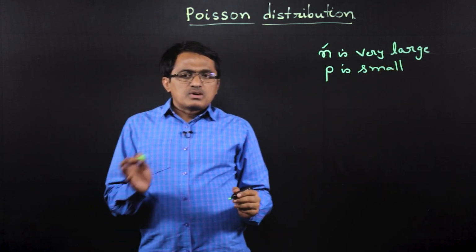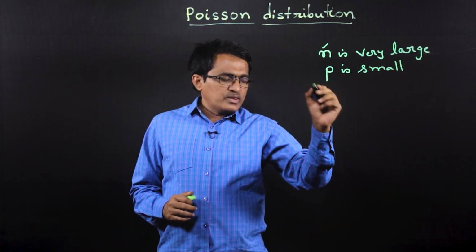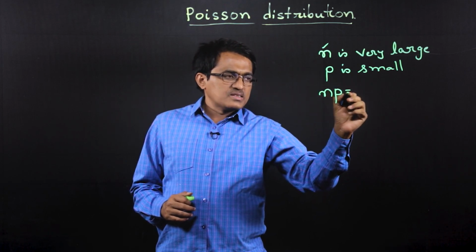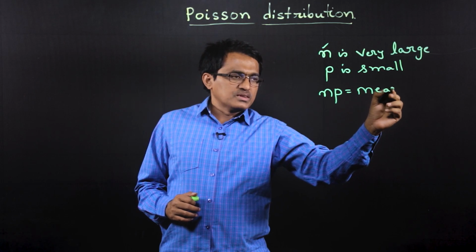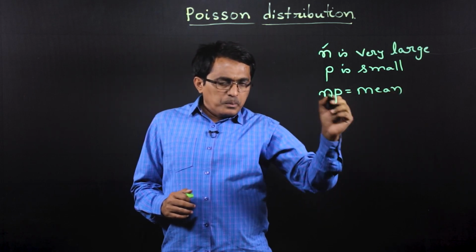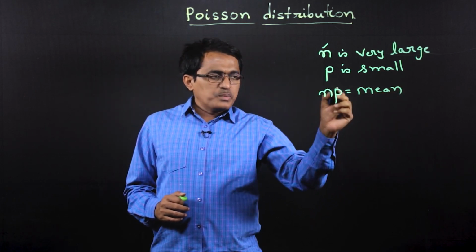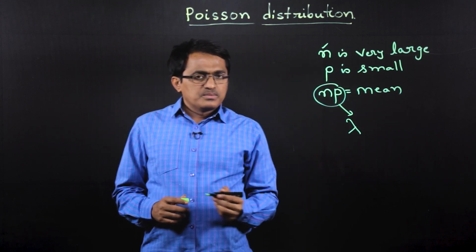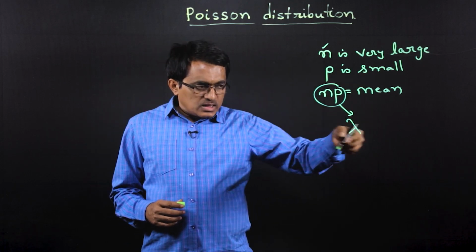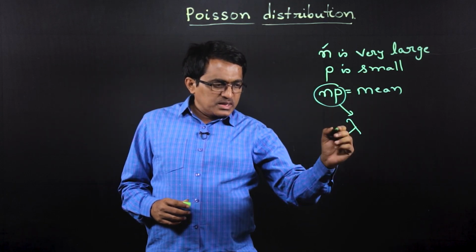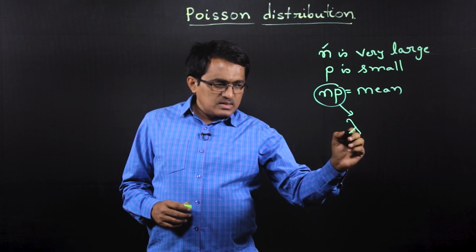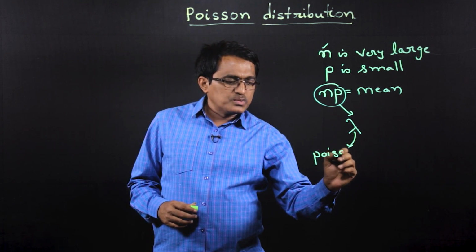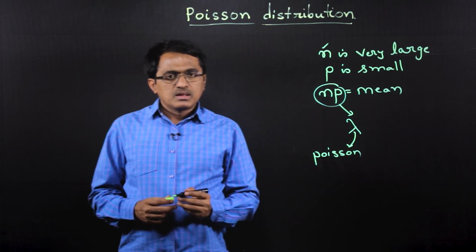In such cases, what we observe is that the mean of the binomial distribution, that is n into p, almost behaves like a constant lambda. Taking this clue, we are going to use Poisson distribution to model this situation.